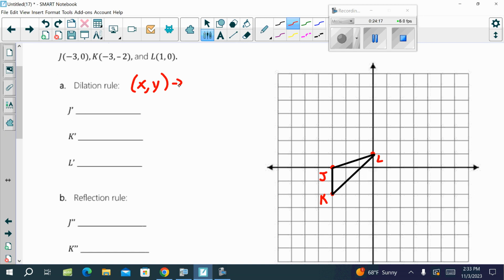Oh, whoops. Good job. Dang it. Means I gotta delete these segments. All right, now am I right? Good catch. Okay, what's my dilation rule up here?